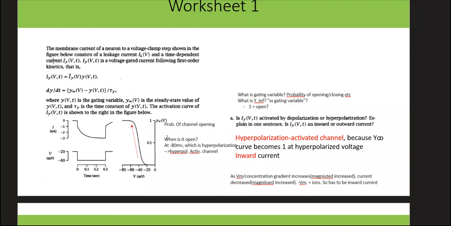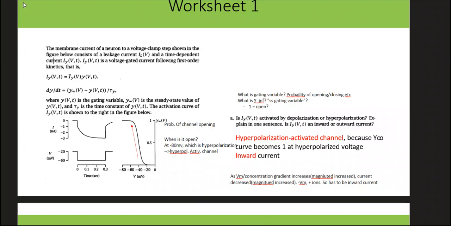And how we can tell from this plot is that as the membrane voltage goes to -60 to -80, the probability of channel opening becomes 1. So it's getting activated, right? Because it's getting activated at the lower membrane voltage of -80 to -60, we can tell it's a hyperpolarization activation channel.